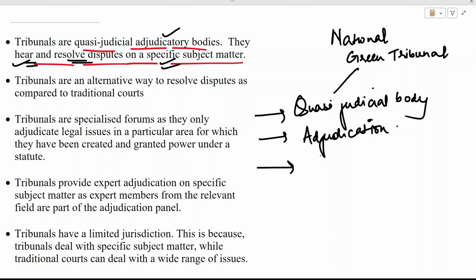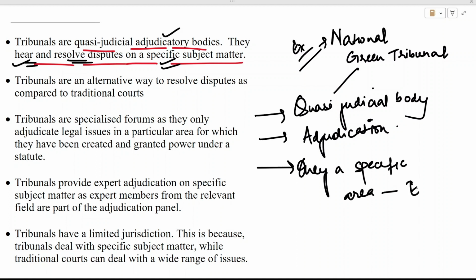Thirdly, now this is one thing to note. The National Green Tribunal, the example that we were taking, by the name you can understand, it deals with matters on environmental issues, on issues with respect to conservation of forests, conservation of natural resources. So the National Green Tribunal will resolve a dispute only on a specific area. What is that specific area? Here it is environmental issues.